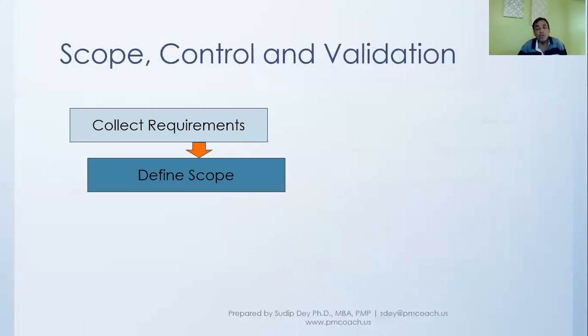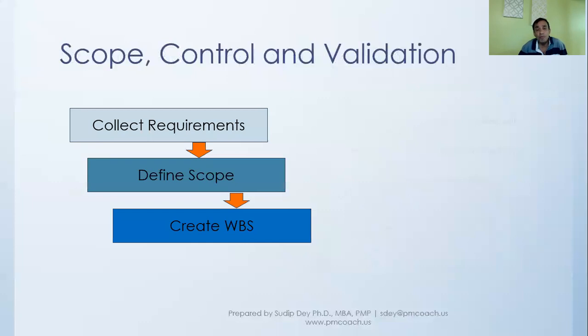After collecting requirements, we will define the scope. That will be the next process. And then from the scope, we will create WBS. In other words, we'll break down into smaller pieces so that it is more manageable, more controllable, and we'll create that breakdown structure, work breakdown structure.